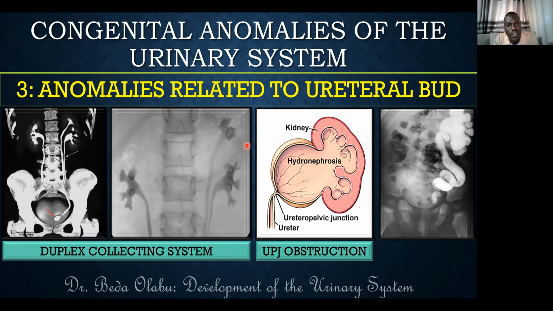Dana, are you with us? Yes. Okay, Dana, the last one is yours. It's a bit hard though, but try. What is the problem? The ureter of the left kidney is coiled.